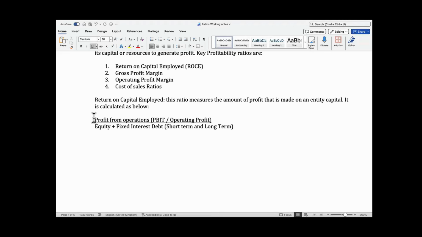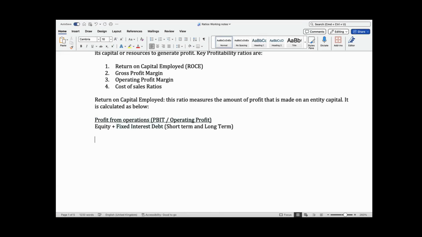This profit from operations is the profit before you paid interest. That is why you're having debts as part of the capital, because they are part of the people that own these profits.